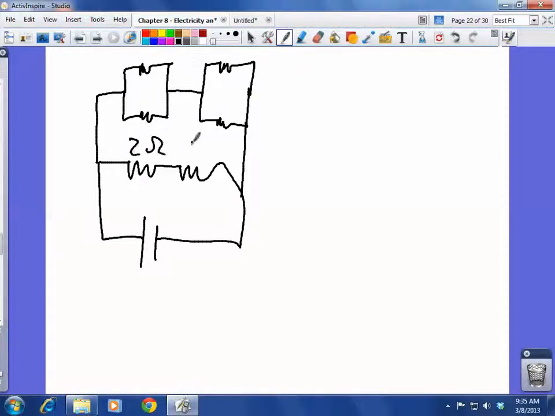So 2 ohm, 1 ohm, 5 ohm, 10 ohm, and a 2 ohm and a 6 ohm. Could have been drawn better. Think about what's in series with what and what's parallel to what. I'll give you a couple minutes to get this started, and then we'll walk through it.